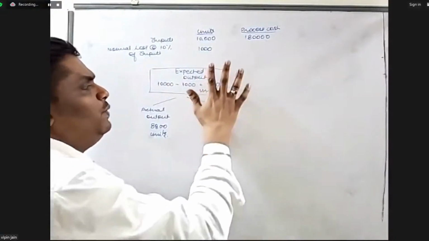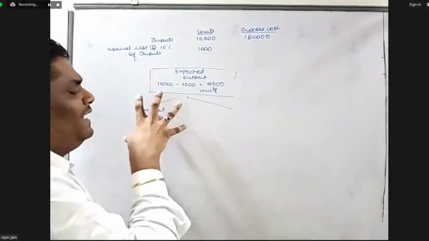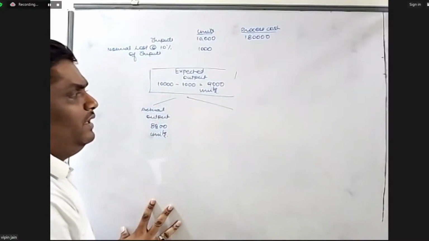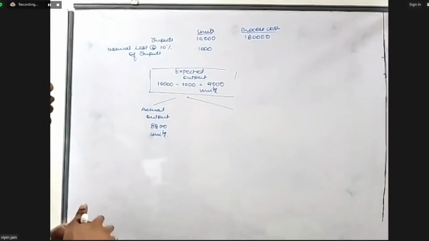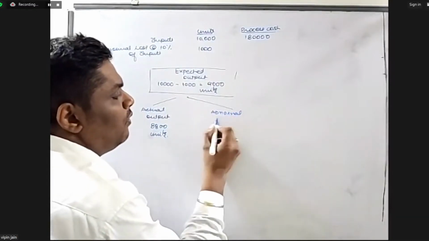I was expecting an output of 9,000 units from the input of 10,000. However, my actual output was 8,800 units. It means 200 units is my abnormal loss.